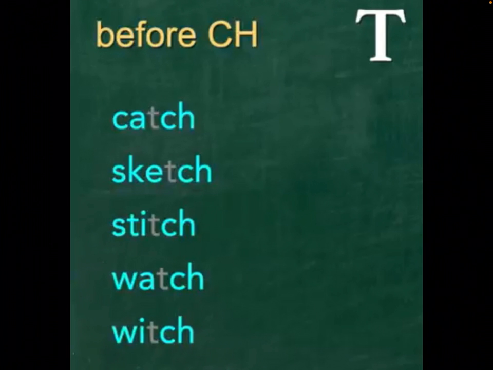We have catch, sketch, stitch, watch, and which. Now you are not hearing me say the T, you are hearing the CH, which is almost sounding like a T. Catch, sketch, stitch, watch, and which.